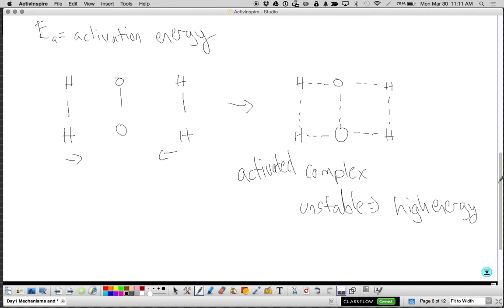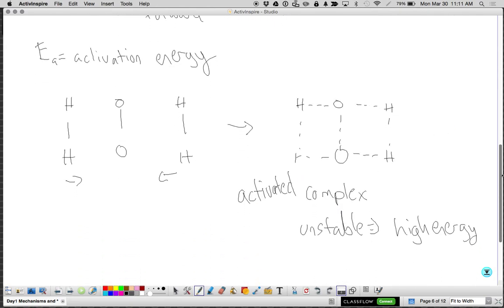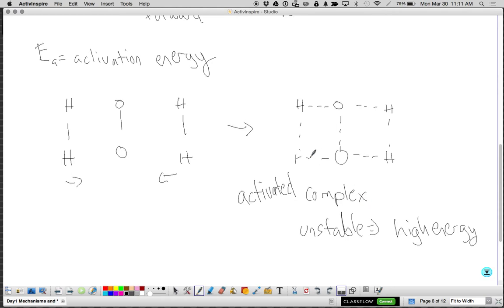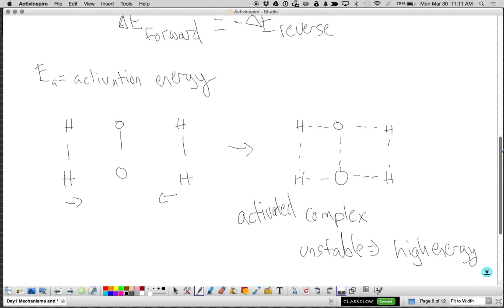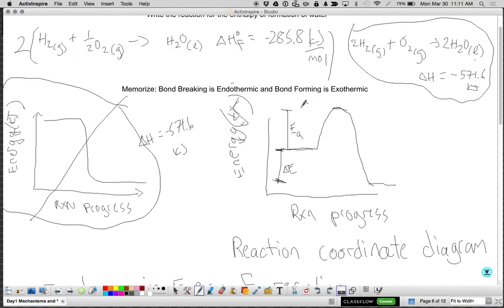So anytime that you have an intermediate where you have bonds breaking and bonds forming at the same time, that's an activated complex. And that would be like the very top of your energy barrier here. So, activated complex.